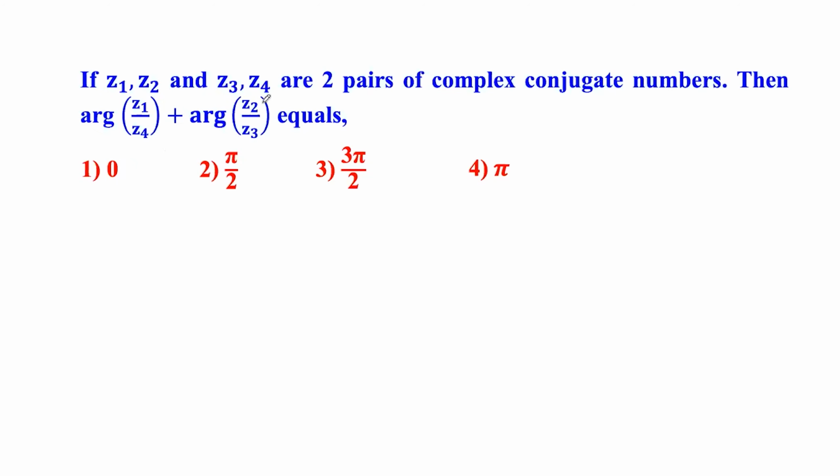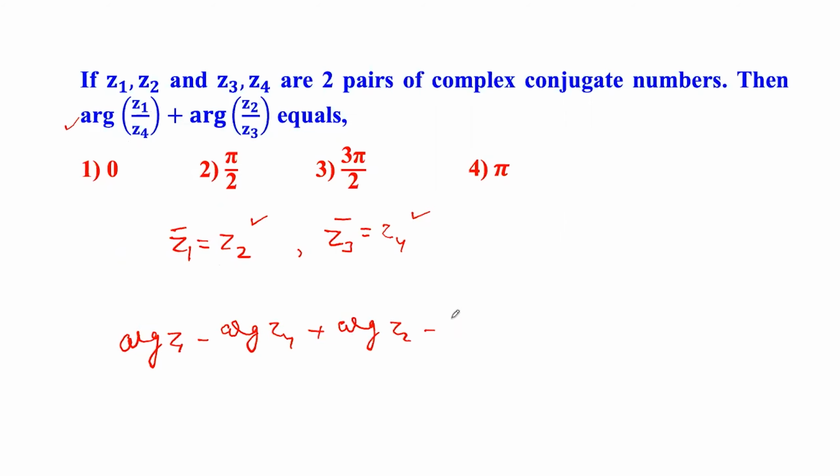Now, if Z1, Z2, Z3, Z4 are two pairs of complex conjugate numbers, then find arg of Z1 by Z4 plus arg of Z3 by Z4. First, you have to see what information is given. Information given is Z1 bar is nothing but Z2 and Z3 bar is nothing but Z4, right? These two pieces of information are very, very important. And what we have to find is the argument of this plus. What is the formula for that? So arg of Z1 by Z4 plus arg of Z3 by Z4, right? So we can rewrite as arg of Z1 minus arg of Z4 plus arg of Z2 minus arg of Z3, right?